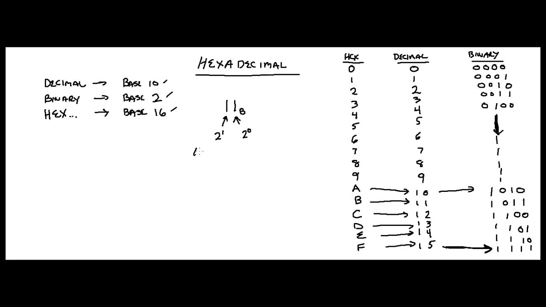So this is equal to 1 times 2 to the 1 plus 1 times 2 to the 0. Got it? And so what would that be equal to? 3 in decimal, base 10, right? All right, now let's continue.